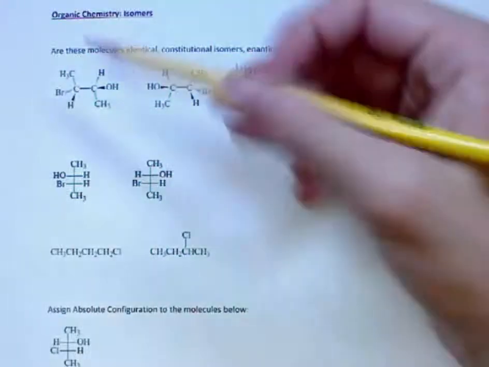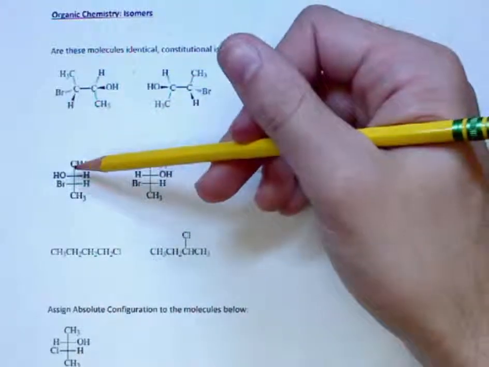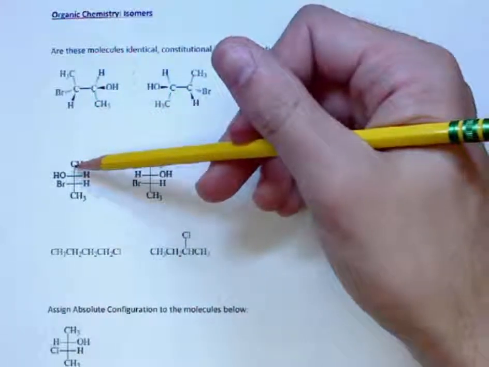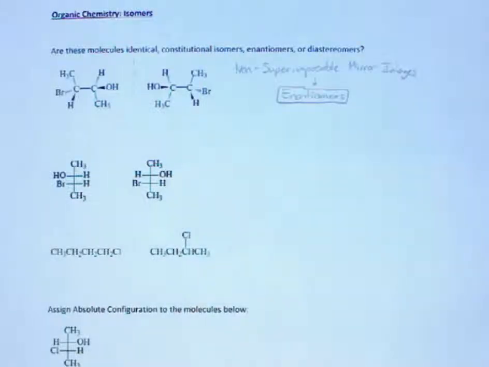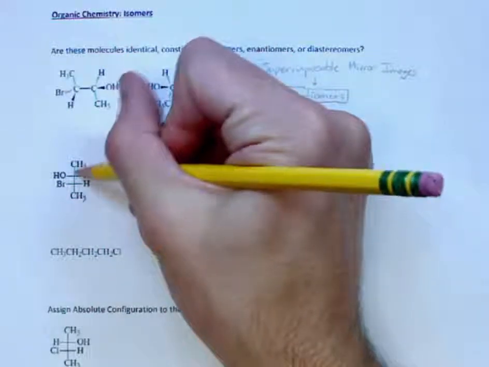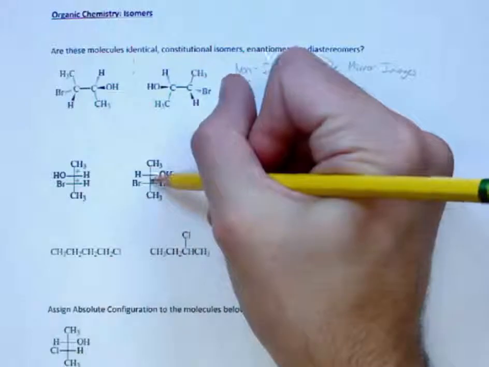For the second set of molecules, we have the same thing, only we have the molecules in a Fischer perspective. For this one, we have 2 asymmetric centers.